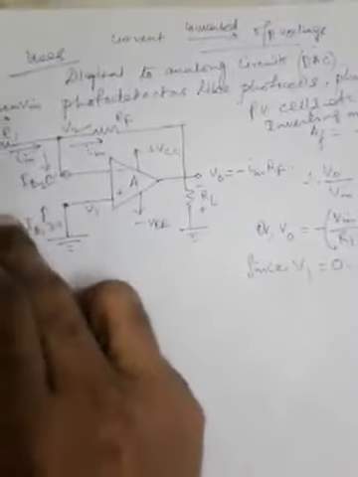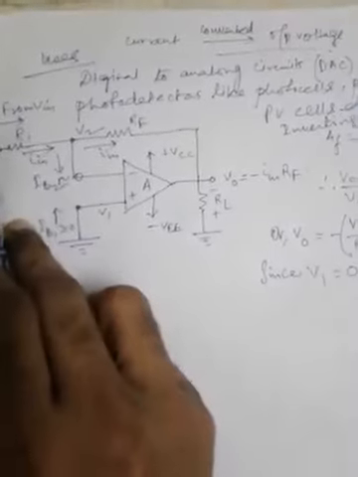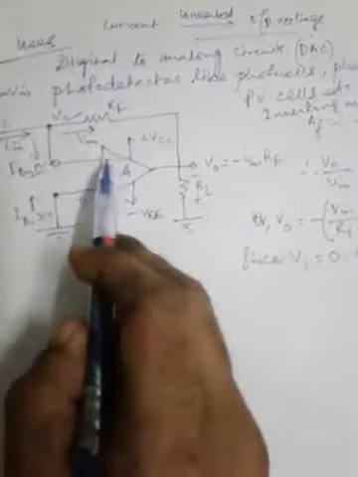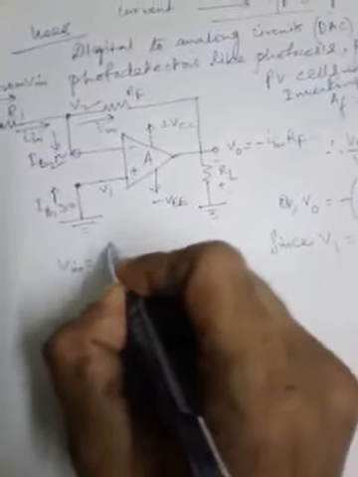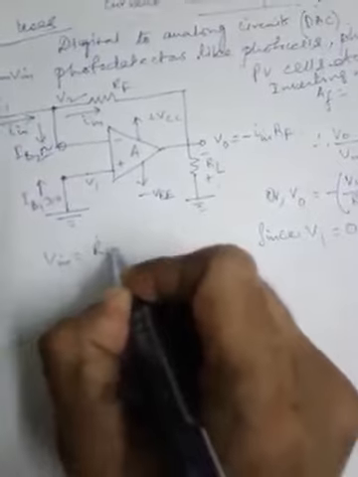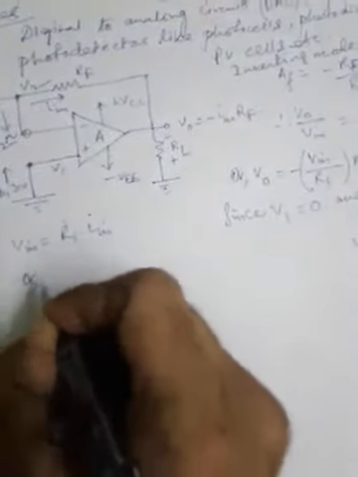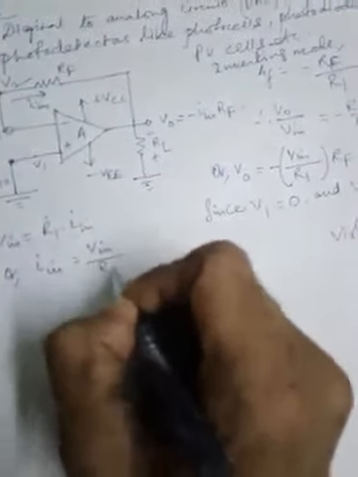So this is inverting mode of operation, and at the left side of this circuit, which is not required to be shown, V in is connected, which is driving the current I in into the circuit. So therefore we can write V in is equal to R1 into I in, or I in is equal to V in by R1.